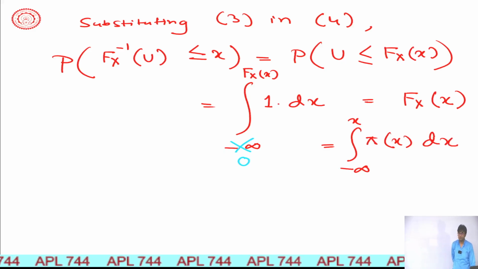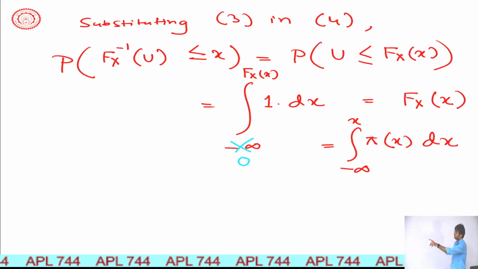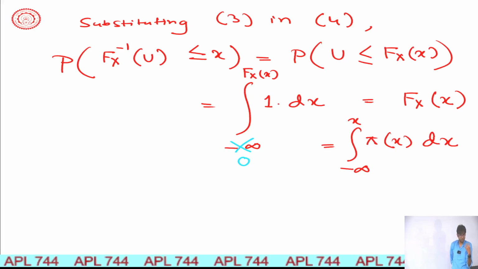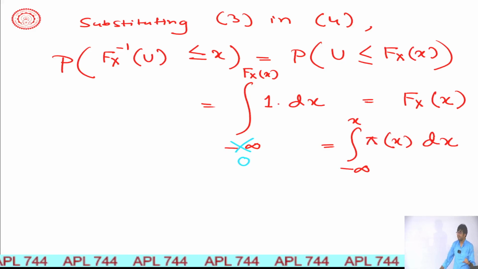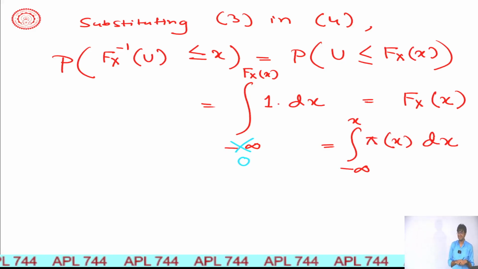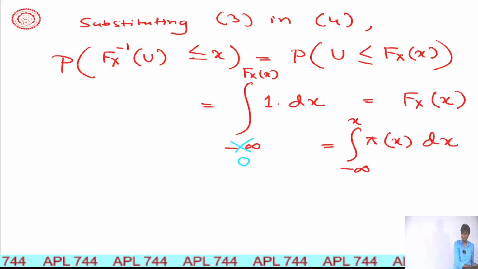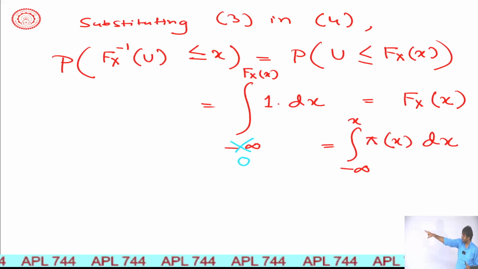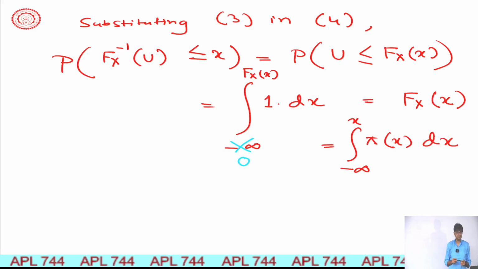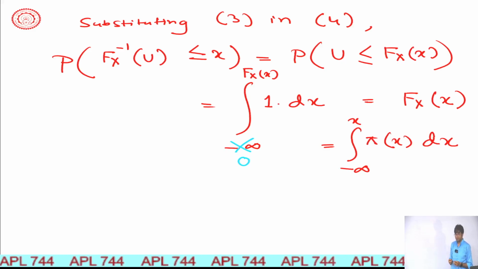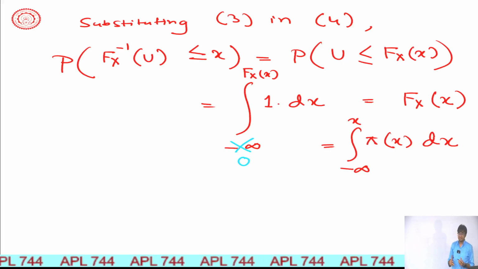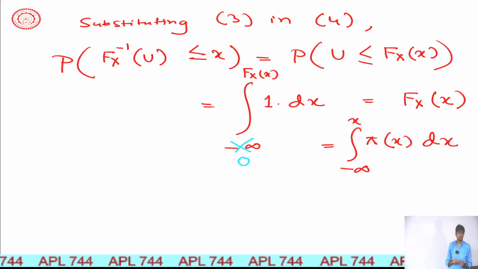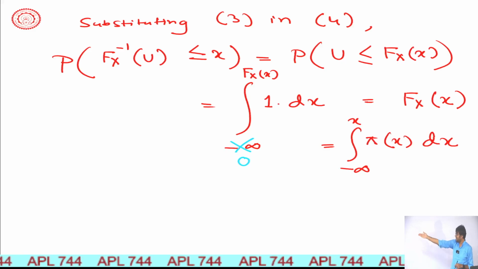So what have I proved? I have proved that from the transformation, whatever CDF the samples are following is exactly the same as the CDF of pi x. So instead of proving through PDF, I proved through CDF. So this naturally proves that with the inverse CDF transformation, whatever samples you generate are as if you are generating samples from this pi x, only because of that CDF being equal.